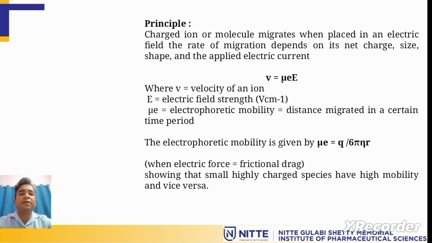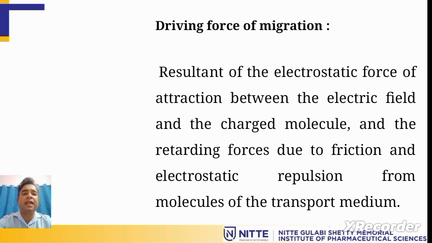Let us see what factors are affecting it and what the driving forces of migration are. The result is the electrophoretic force of attraction between the electric field and the charged molecule, and the retarding force due to friction and electrostatic repulsion from the molecules of the transport medium.